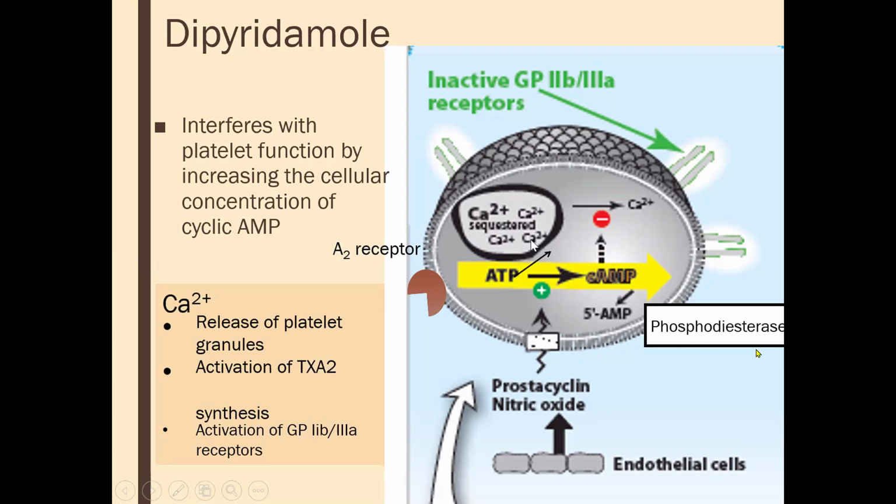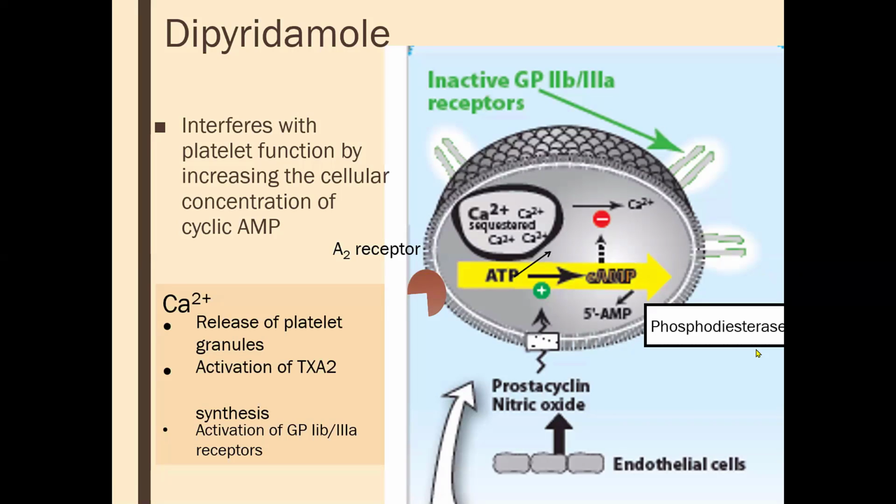Now, the main role is for calcium, right? Dipyridamole inhibits the role of calcium here. Before that, remember the role of calcium, which I said causes shape changes during activation, right?